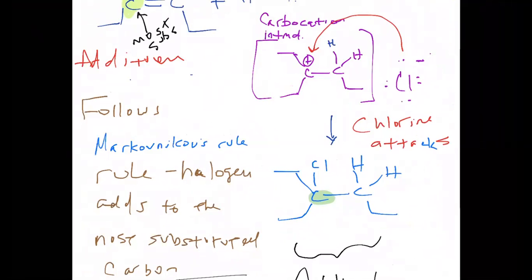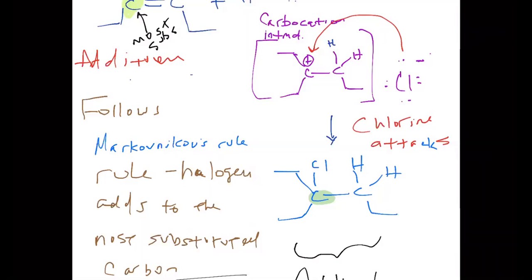In this case it will be that, because disubstituted is referring to the actual alkene. But you can predict where the halogen will go if you look at the alkene and say, well, this side is trisubstituted and the other side is disubstituted, so it's going here.